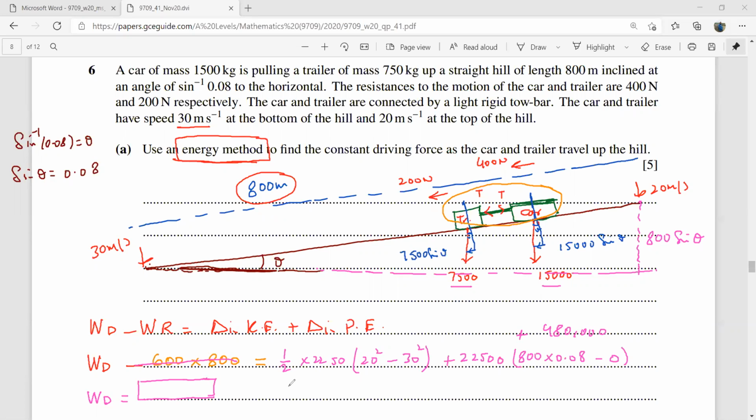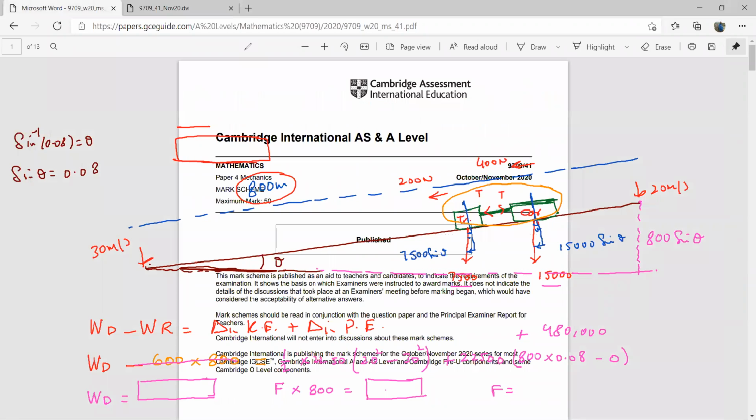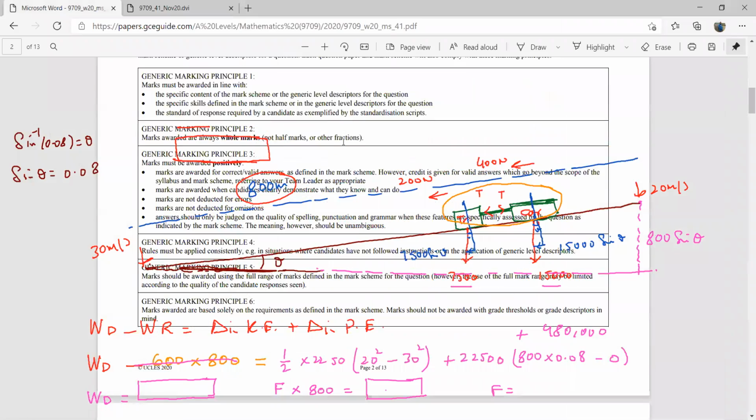And now we have to find the driving force. So let's assume the driving force is going to be F times the distance 800 equal to this answer over here. You simplify this, you should be able to get the driving force. And that should be, let me see the answer from here.